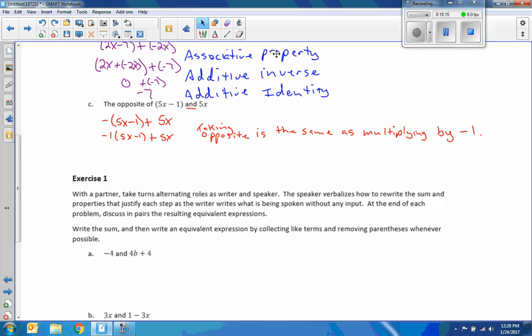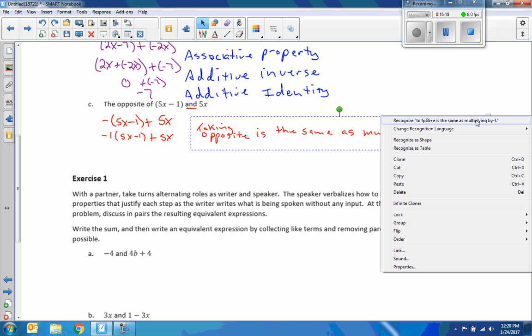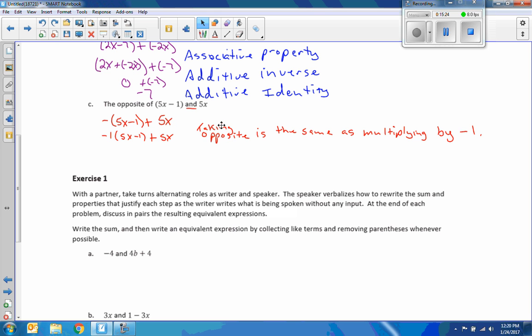Okay? I can't read my writing. Taking opposite is the same as multiplying by negative 1.